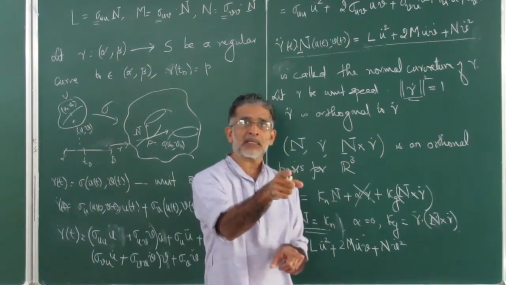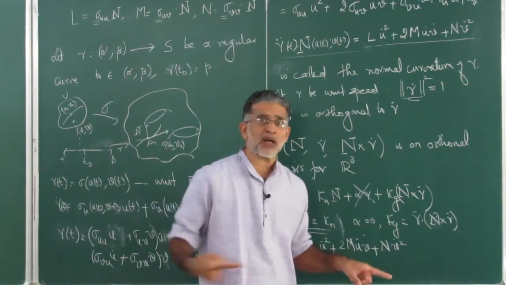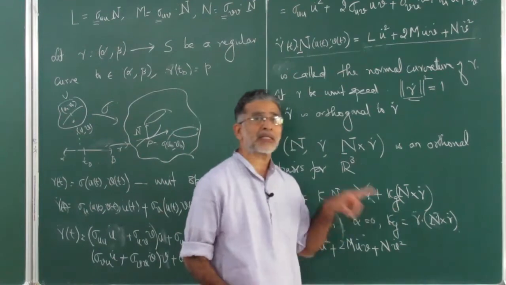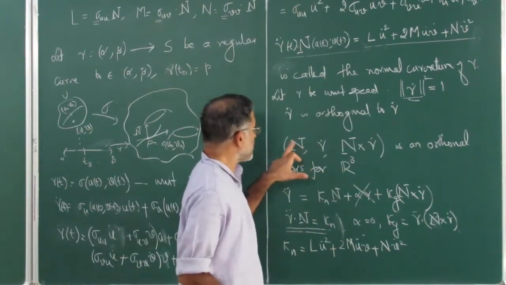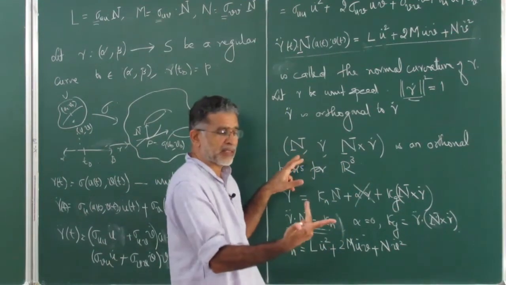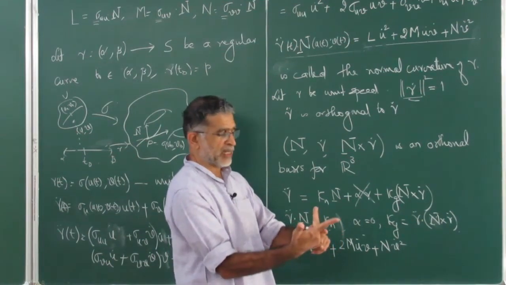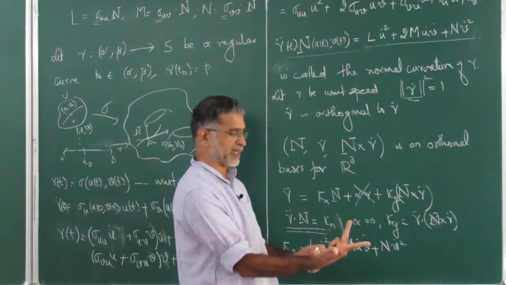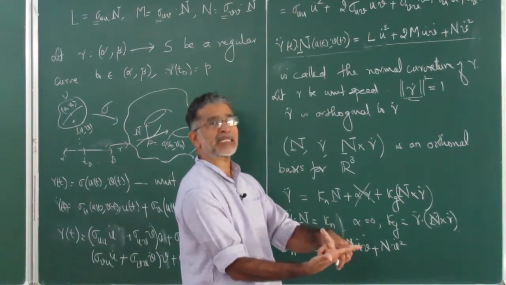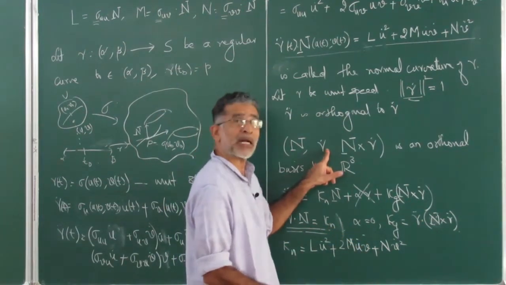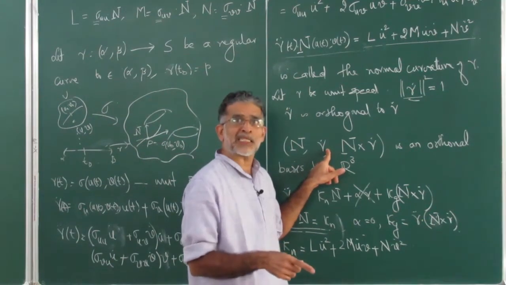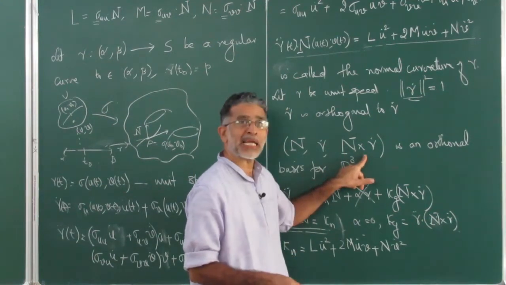If you are traveling like this, your gamma dot, n cross gamma dot. The way we have done, n is this vector, and right hand thumb rule says n is the x-axis, gamma dot is taken as the y-axis, then this is taken as the z-axis.